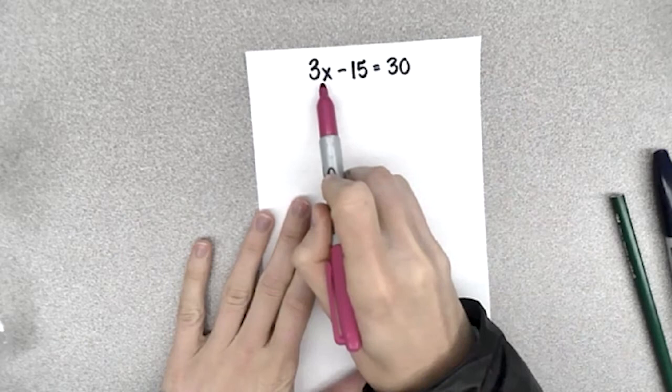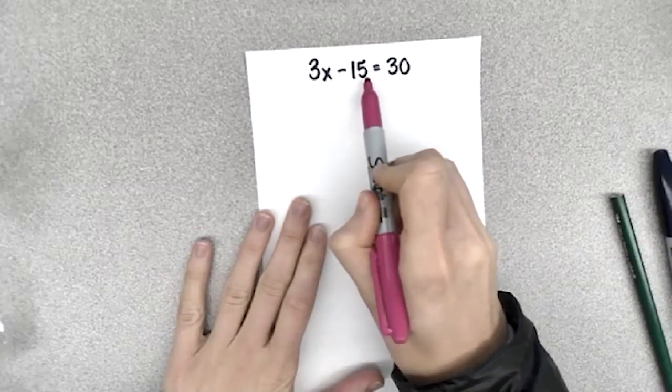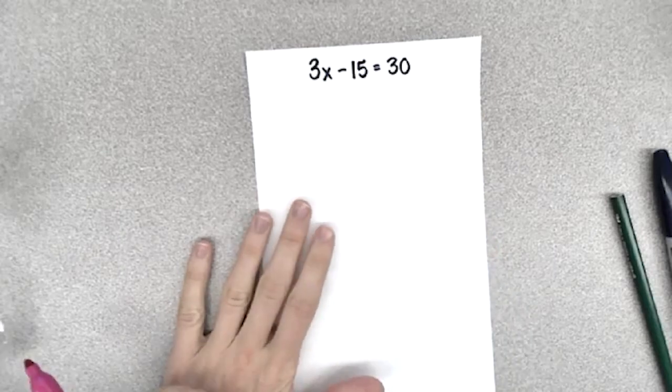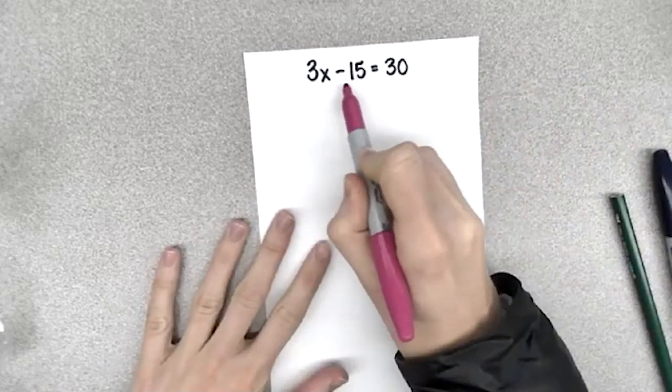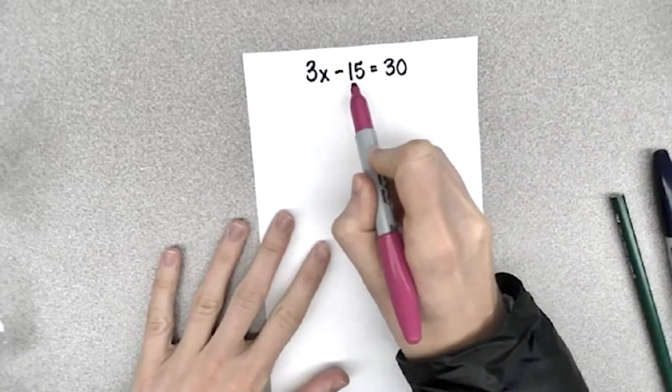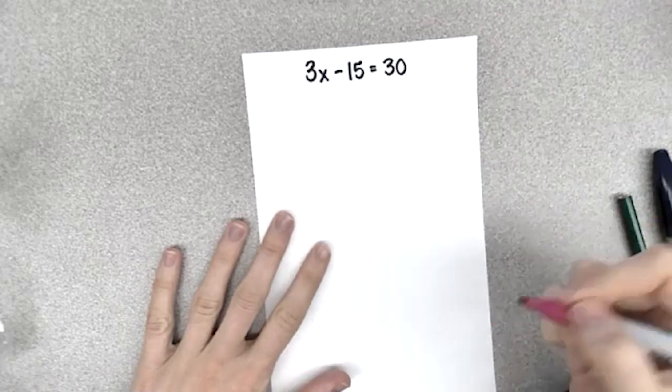If I want 3x to be alone, that means I have to get rid of this negative 15, right? And we know from our last lesson that if something is being subtracted on one side, the way to get rid of it is to add it so that they cancel each other out. They're called the inverse operations.